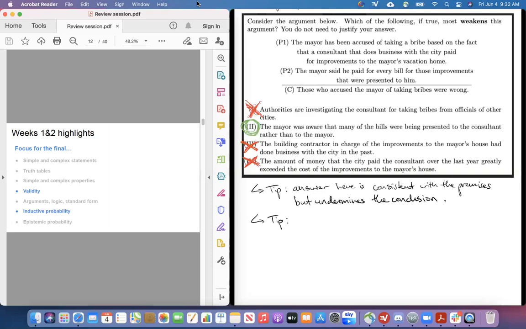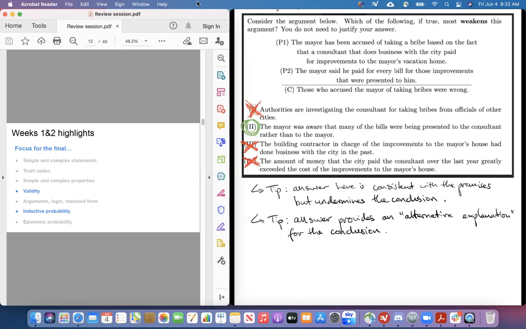Another tip, and this is a big one. The answer sometimes in weaken questions provides an alternative explanation for the conclusion that's given in the argument.